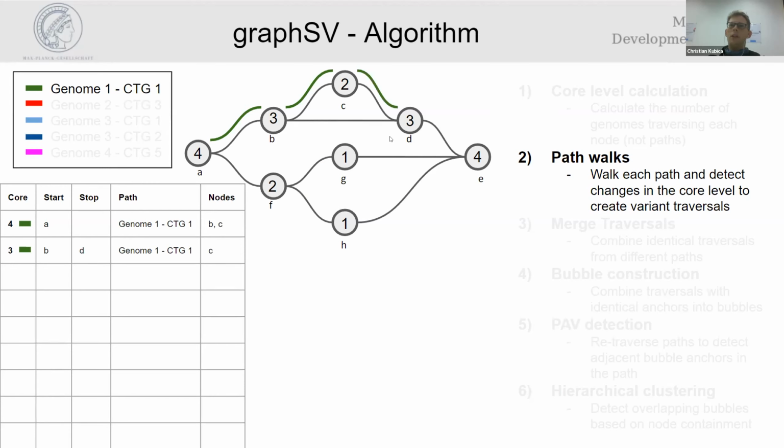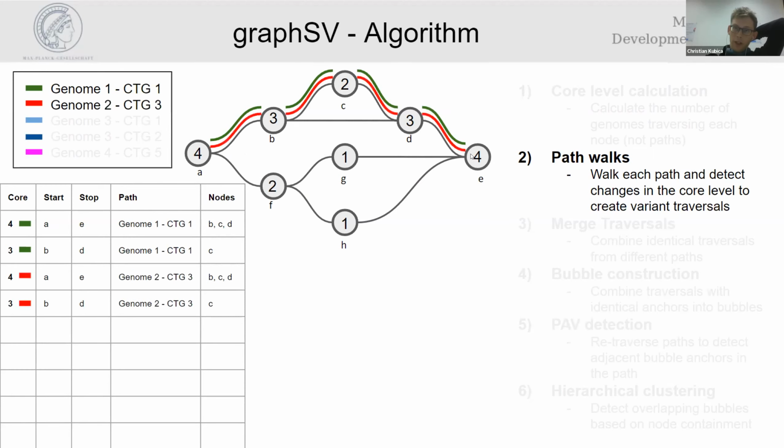If we move on, we can close the first bubble because there's an increase in core level from 2 to 3, and then close the next one here at node E because it's 4 to 4. If we then traverse the next path, because it uses the same nodes in the same order, we build exactly the same traversals for both of the variants that we've seen.